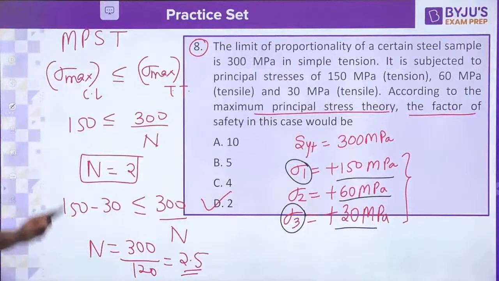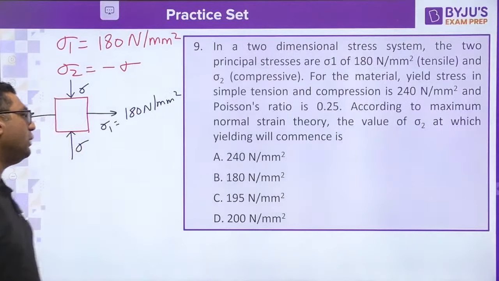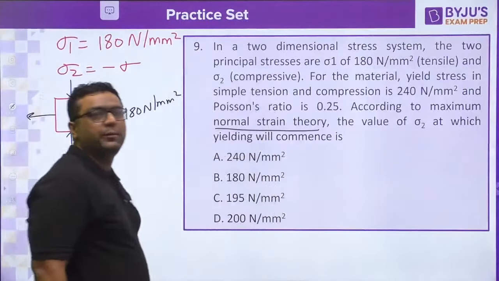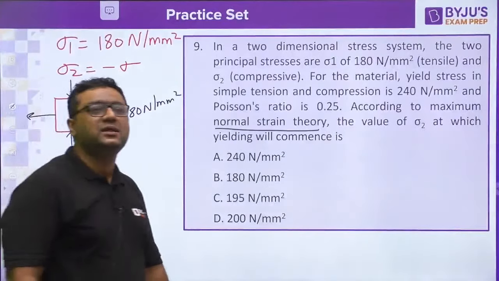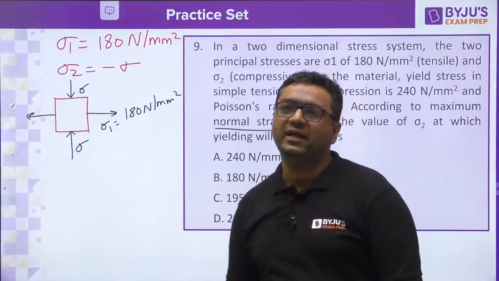Okay. Next question: you need to find out sigma 2 according to maximum normal strain theory. Means you need to go by Saint-Venant theory.